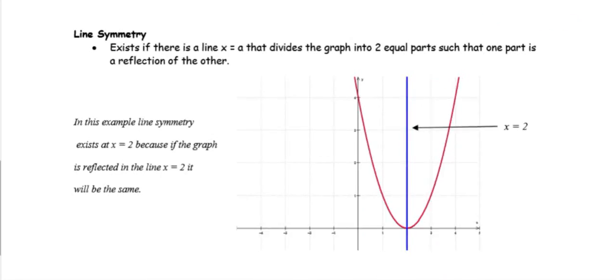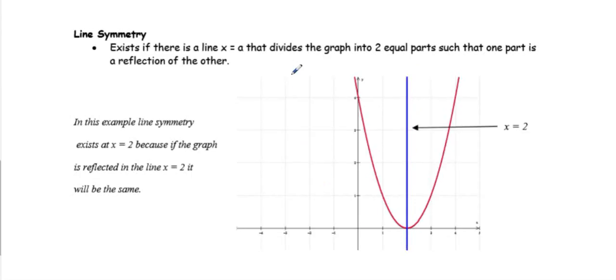Okay, we're going to talk about another characteristic of power and polynomial functions, and that is the idea of line symmetry. So line symmetry exists if there's a line such as an axis of symmetry for a quadratic. So it's a line that cuts the function in half and creates symmetry.